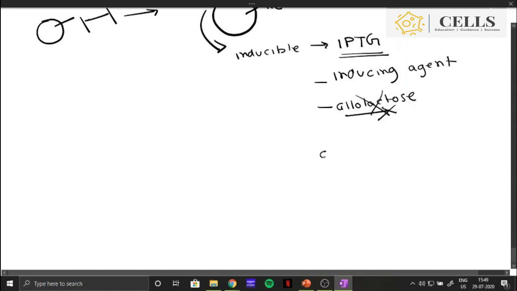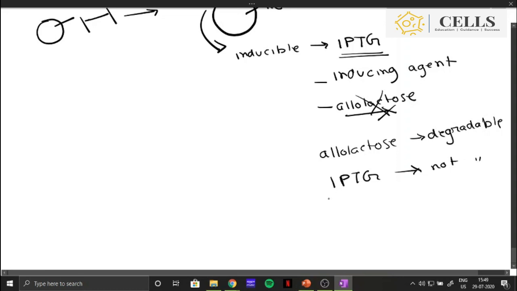Because allolactose is degradable. IPTG is not degradable, so you don't have to add it after every cell division.